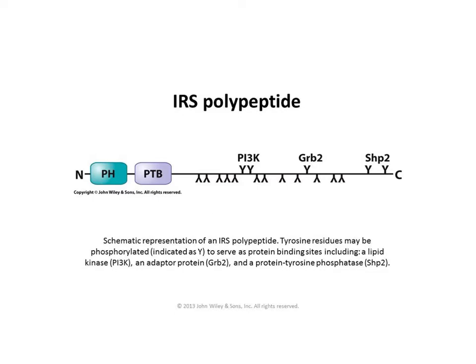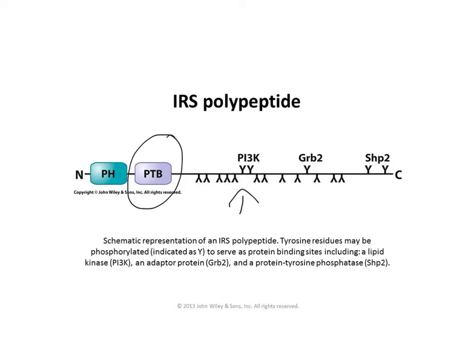When we look at IRS and its ability to bind to the insulin receptor tyrosine kinase, you can see its important phosphotyrosine binding domain that's going to be critical for binding to the receptor. You can also see several different tyrosine residues found throughout the middle portion of the protein as well as towards the C-terminus.